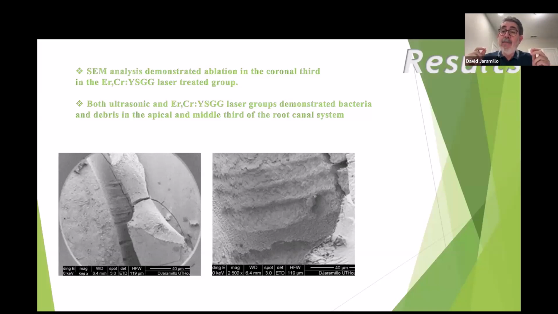The disinfection is being performed by the solution we use. And the way the solution is going to be enhanced to act and have a better dissolution of the tissue or better disinfection of the root canal is by the way this laser is being absorbed in the solution. So there's a big difference again. Erbium YAG laser is being absorbed 300% more than erbium chromium YSGG laser.